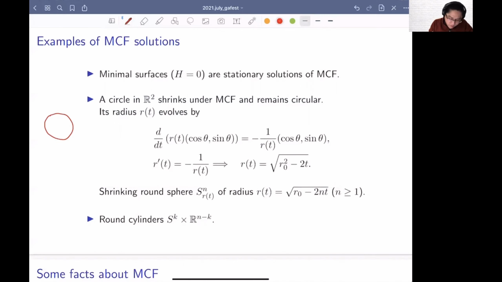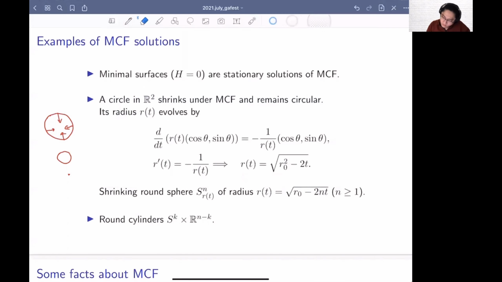Because of the symmetry, at every point the mean curvature vector points towards the origin, so the mean curvature flow PDE is really reduced to an ODE, and we can just solve for the radius R(t) and realize that the radius must evolve according to this function. So geometrically, at a later time, the circle shrinks to a smaller circle, and in finite time, it shrinks down to a point. And the same picture applies to higher dimensions.